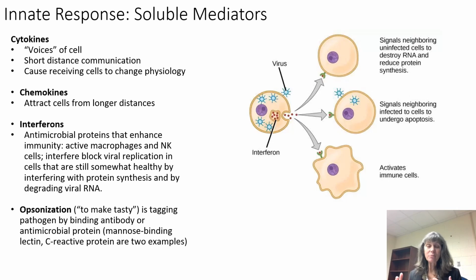Mannose-binding lectin is a protein that binds to mannose residue produced by bacteria. C-reactive protein is another protein that can bind to infected cells or damaged cells. So those are examples of soluble mediators.